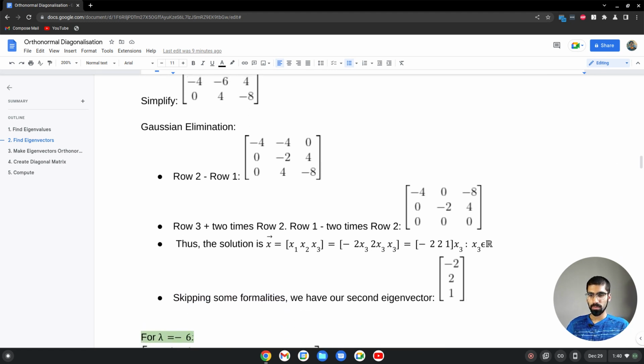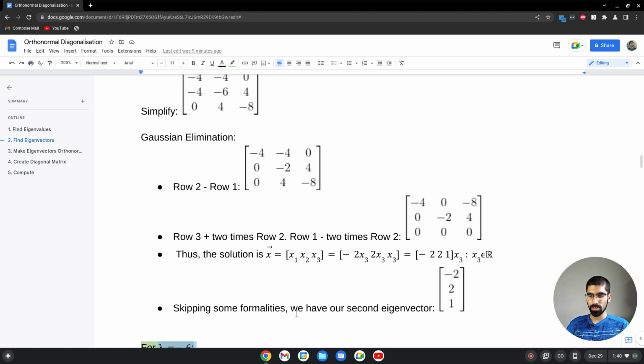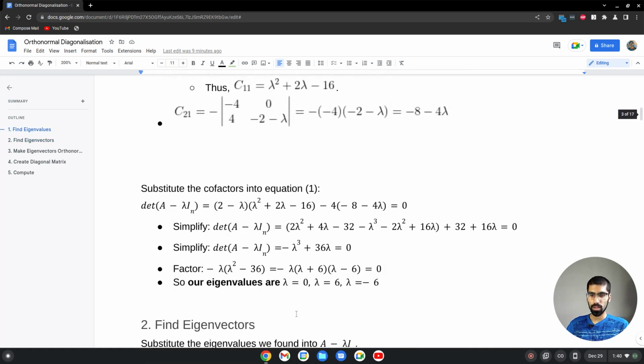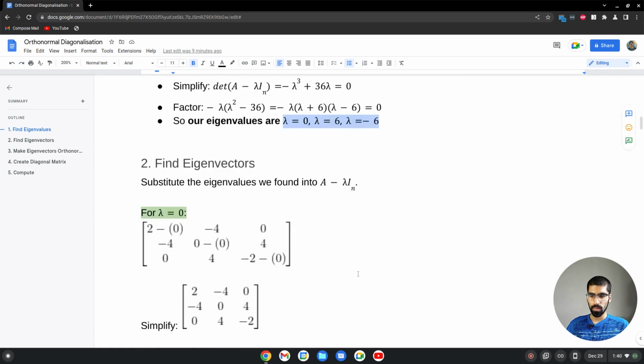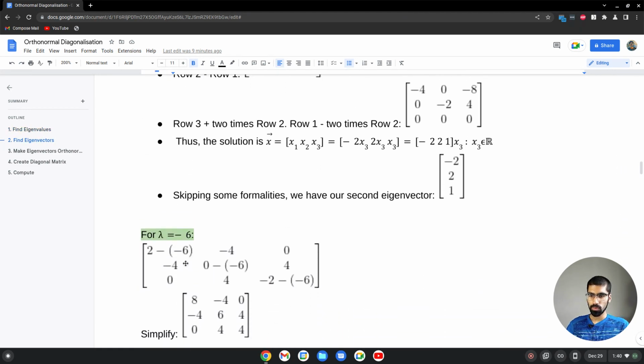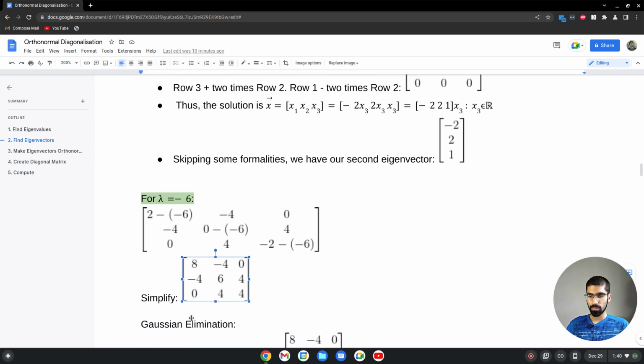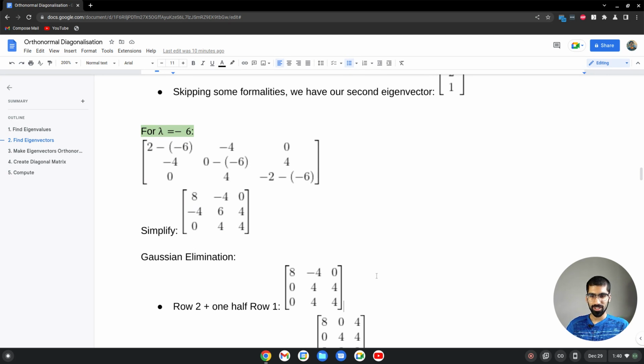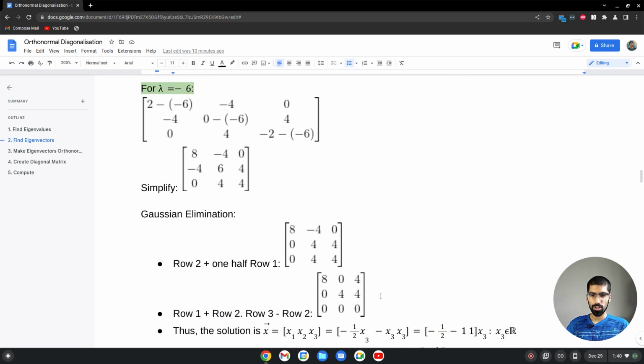One last time with lambda equals -6, which was our last eigenvalue. We go through, substitute that into the matrix, simplify, run Gaussian elimination. It's like a drill by now.